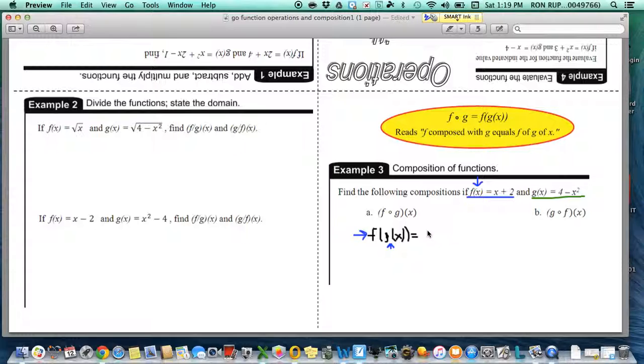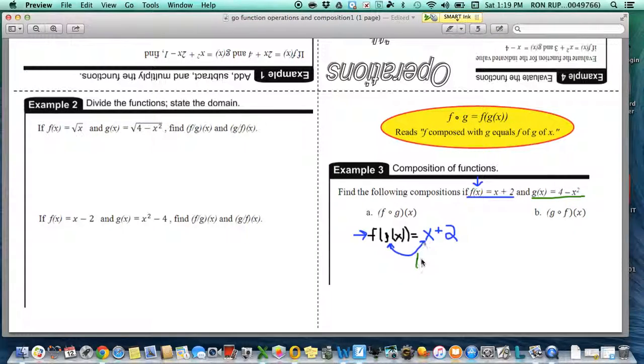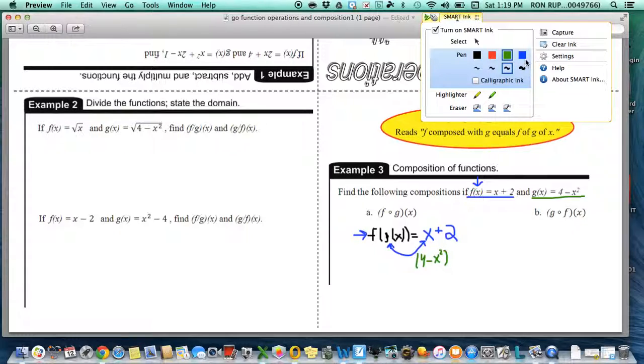So let's start by writing our f of x function. Anywhere we see an x, we're going to replace it with g of x. What we end up getting is 4 minus x squared plus 2.